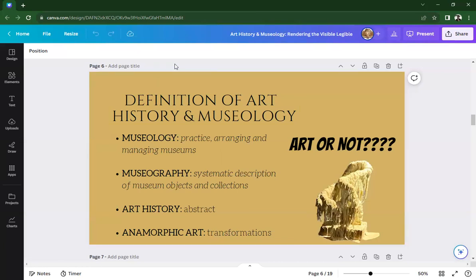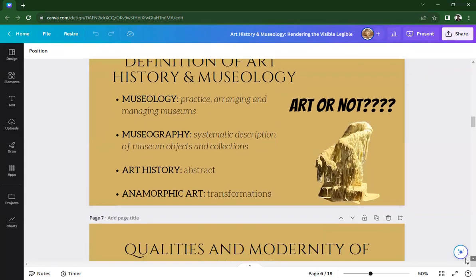Therefore, ginamit niya yung inspiration na yun not to give up and basically to be inspired even more, to create a story and to create a visual narrative what an art should be like, based on the artist's perspective.